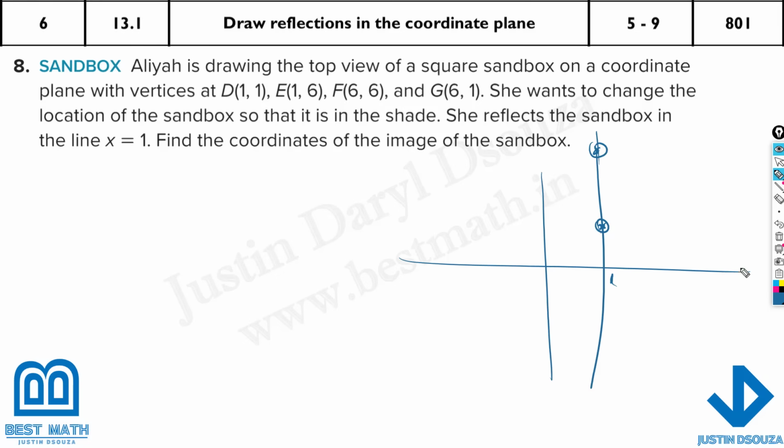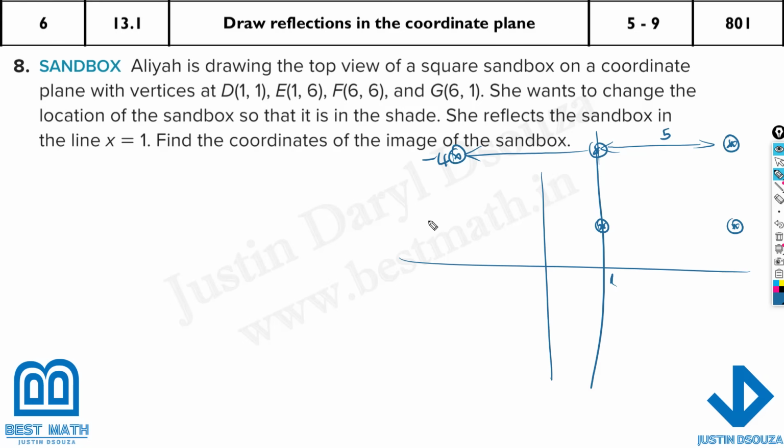But what about 6 and 6? Imagine this is 6 and 6. Now, yes, there is a change. Why? Because this distance from the reflection, 1 to 6, is 5. It goes 5 behind, so it should be -4, because 1 minus 5 is -4. So this will be the point after reflection. And 6 and 1, same thing.